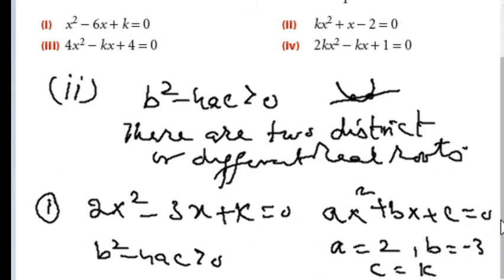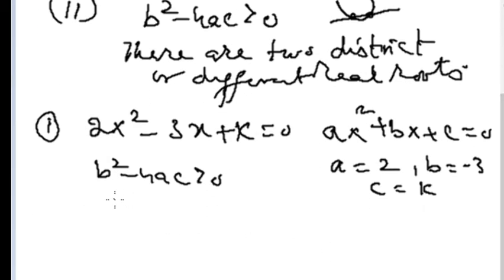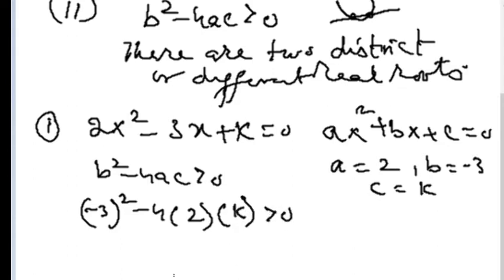Now put a, b, c in the discriminant: minus 3 whole square minus 4 times a, which is 2, times c, which is k, greater than 0. So 9 minus 8k is greater than 0.